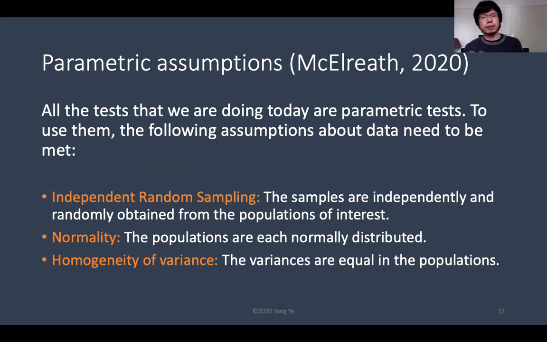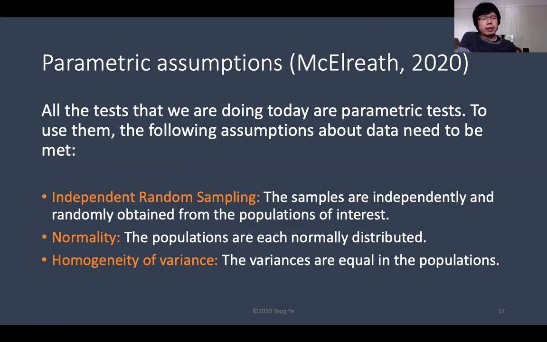Before we go into specific analysis, we will talk about these parametric assumptions. Because all the tests we'll be doing today are parametric tests, these are assumptions about data that need to be met. Again, these apply to all the analyses, so I don't have to repeat them for each analysis.